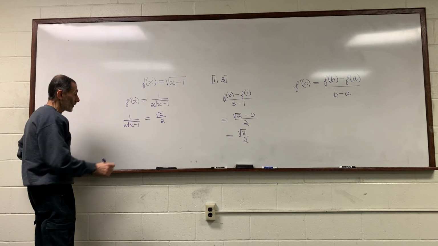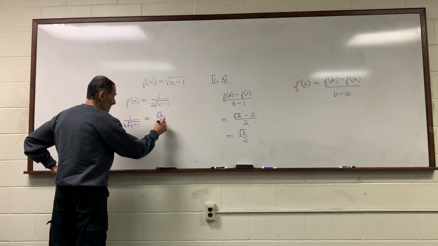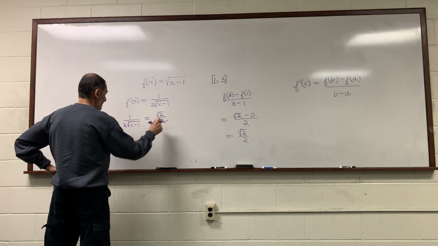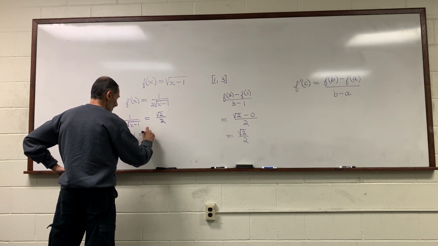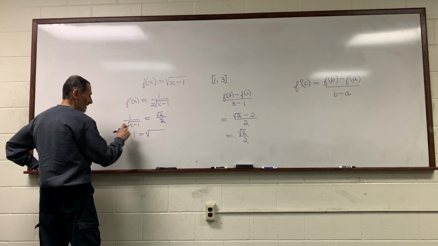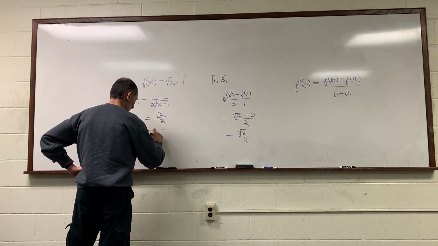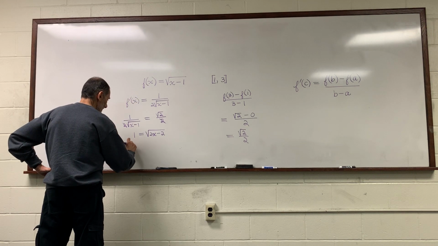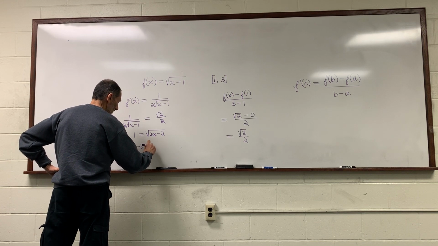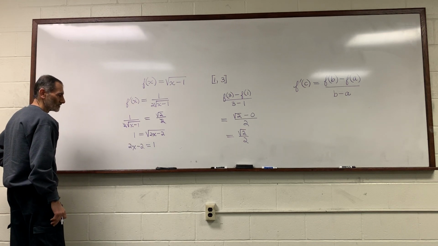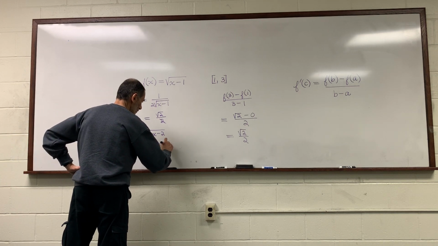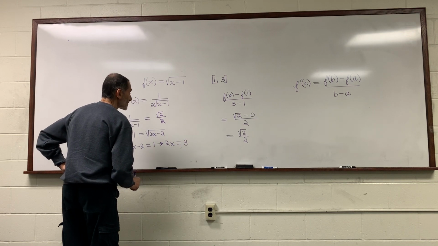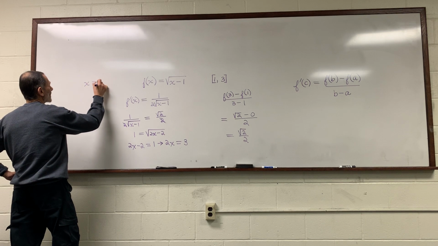Well, one thing that we can do right away is multiply both sides by 2, and that will eliminate the 2's here. Now we can multiply through by the square root of x minus 1, and we'll have 1 equals the square root of 2 times the square root of x minus 1, which is the square root of 2x minus 2. If we square both sides, we get 2x minus 2 equals 1. So 2x equals 3. And our answer, x equals 3/2.